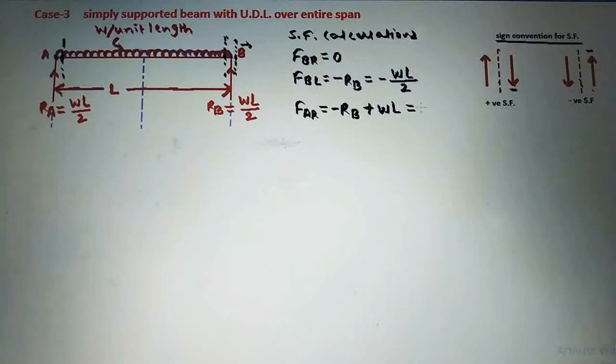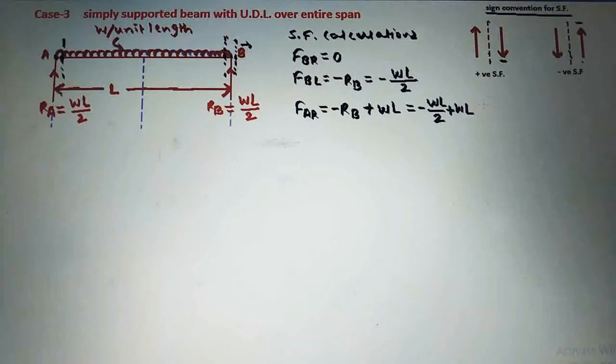Now we will write here minus RB, which is WL divided by 2, plus W into L. Now we will write here minus WL plus 2WL divided by 2, as we are multiplying this WL by 2.